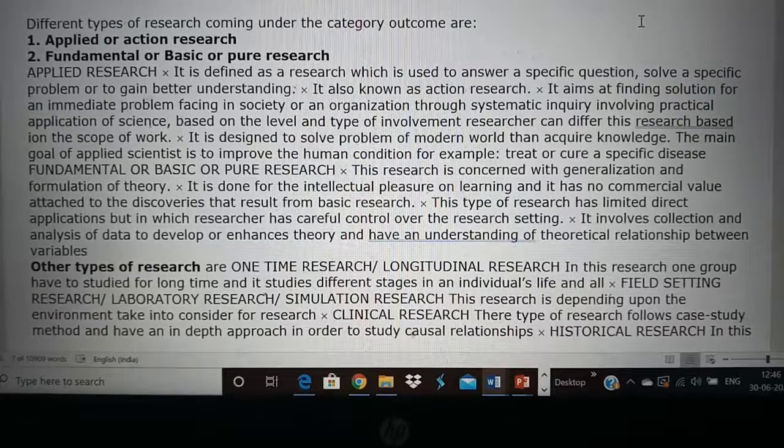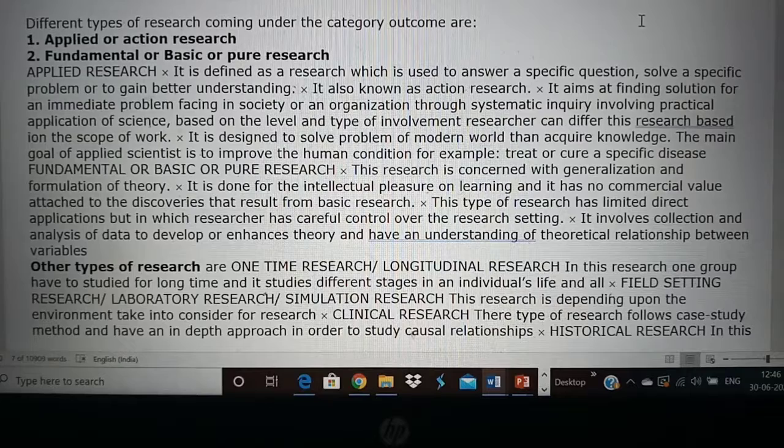I'm not able to get an apt example for that, because most of the research that we do in Karigiri is based on patient problems, and that is why most of it is applied research. Whereas if it's just pure theoretical knowledge with no benefit for patients or no benefit for anybody, but it is just theoretical research, then it is called fundamental or basic or pure research.